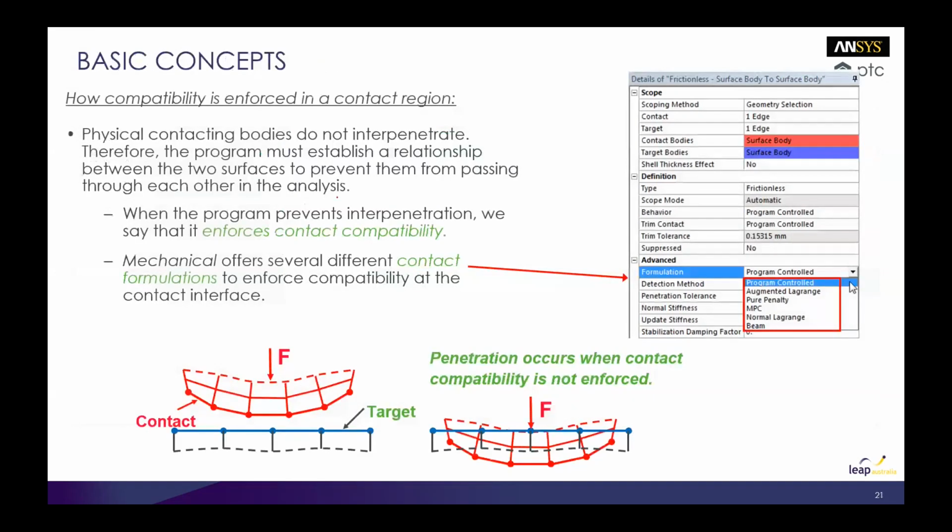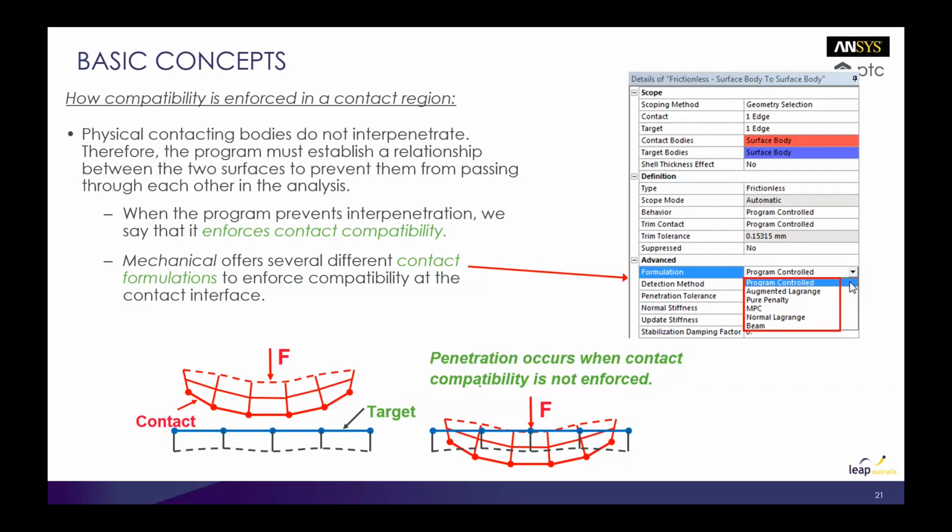Okay, so we'll talk now more about the mathematics of contact, so how contact is handled by the solver. There's different ways that this is achieved. We call this contact compatibility.